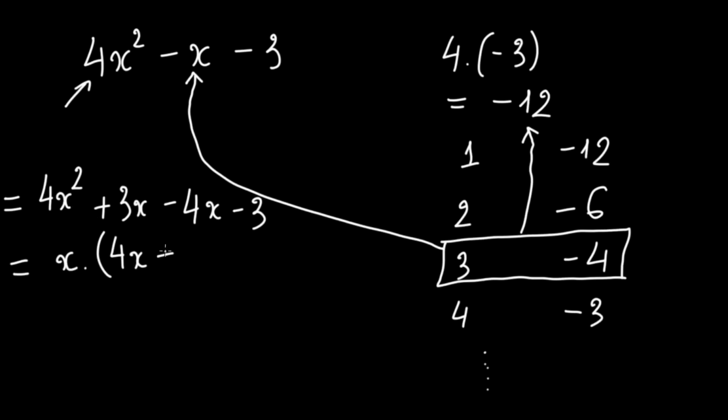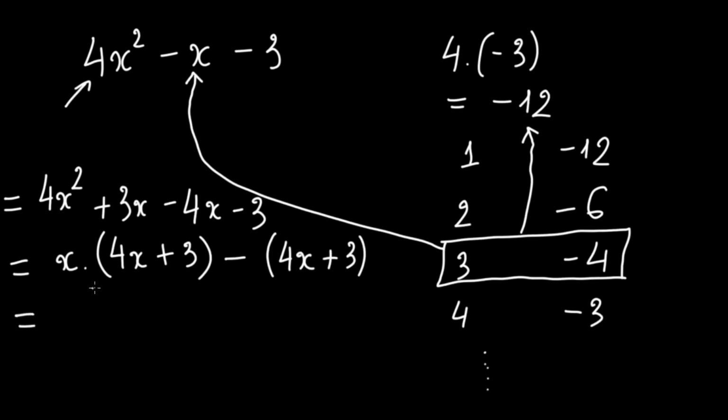And then we put 3 here. X times 3, you get 3x right here. And then we put the minus sign outside because we get the minus sign here. And then inside the parentheses, we got the 4x plus 3. You see, negative 1 times 4x, you get a negative 4x. Negative 1 times 3, you get a negative 3.